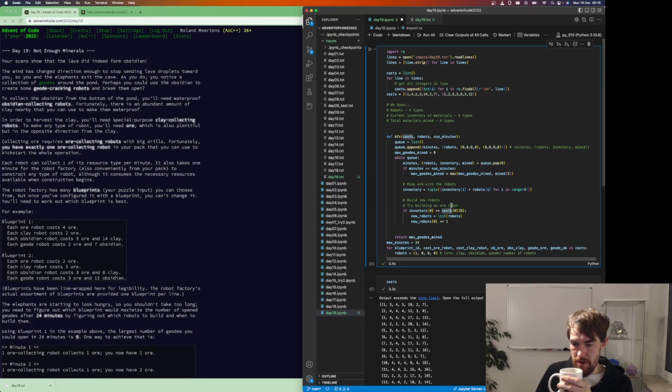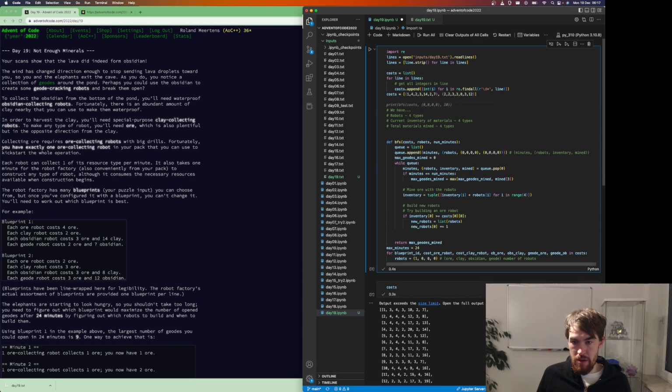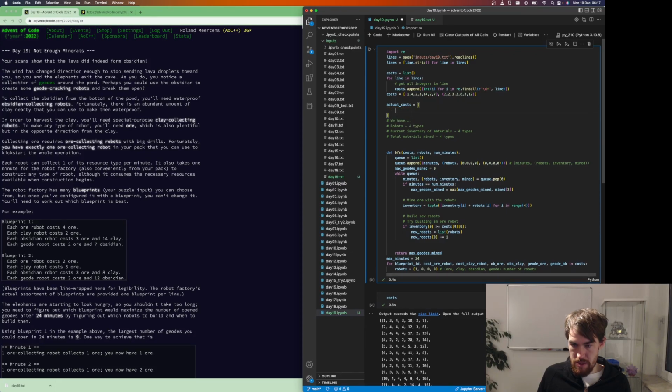I kind of like how CoPilot decided that we would have a cost for each robot. That might actually be a really good way to represent the costs. We can indeed do it like this.